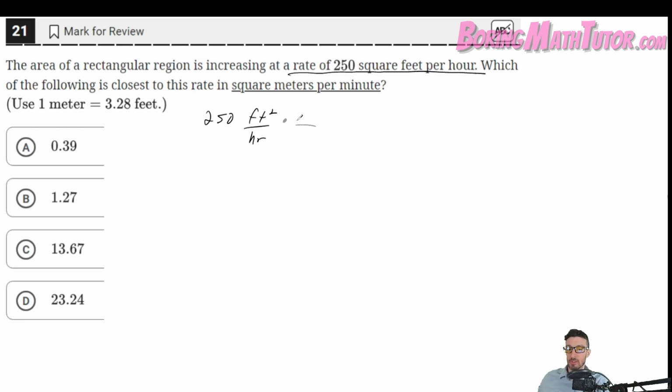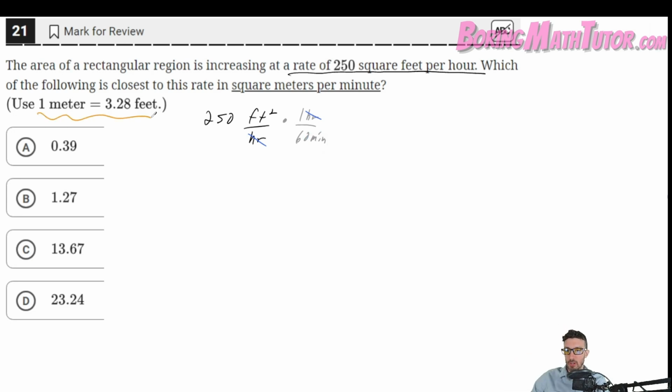Now, the easiest one to understand first is that in 1 hour, we have 60 minutes. We're going to multiply by that because it will cancel out the hour unit and leave us with the minute unit that we want. Okay, so that's good. We got to that unit so far, but we still need to get to this other unit of square meters instead of square feet.